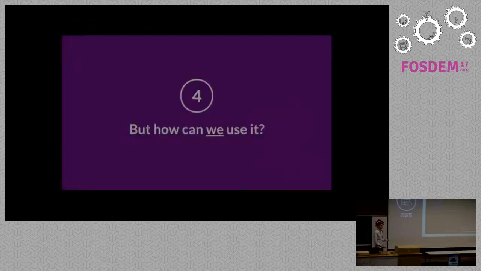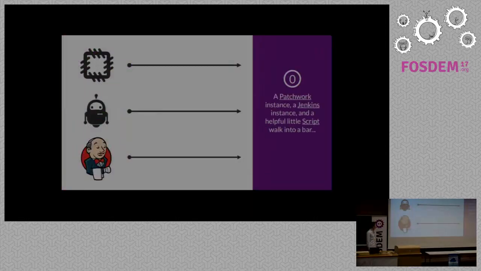So how do you actually go about using all this functionality? I put together a little bit of a demo. I'm not going to go into all the detail on it here. I have a blog post which I should be publishing this evening on my website where you can find the actual specific commands you can run. But how would you go about tying Patchwork into, in this case, Jenkins? It's not that difficult.